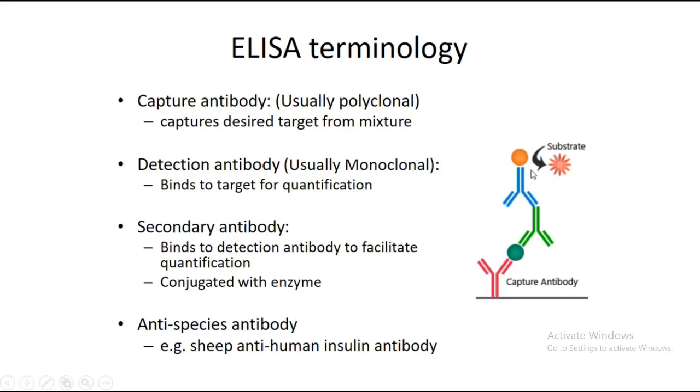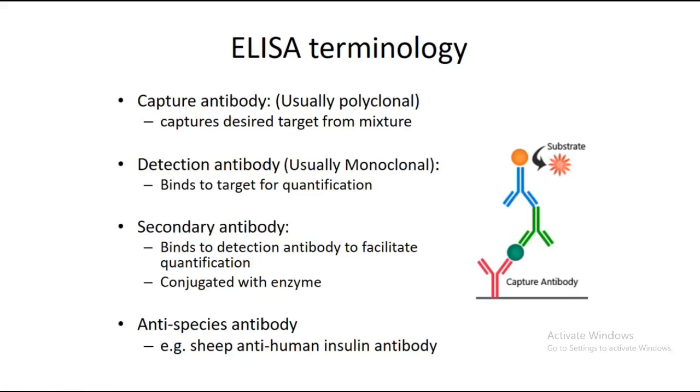The difference here is that the secondary antibody has to be targeted against the Fc region of the detection antibody. So this antibody has a specific affinity for the conserved region of the antibody.